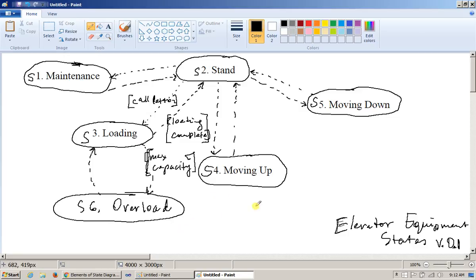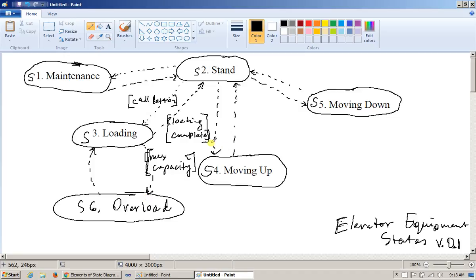If we didn't have the state diagram, this overload condition would be written down somewhere, maybe as part of the formal class description, and would look much less formal and be less effective in terms of our documentation.